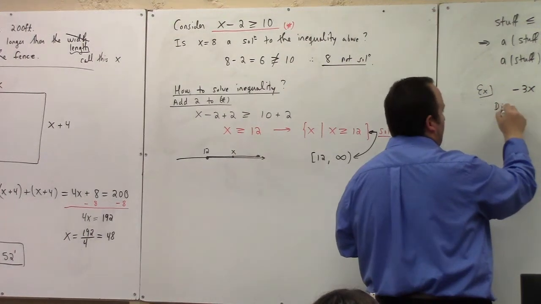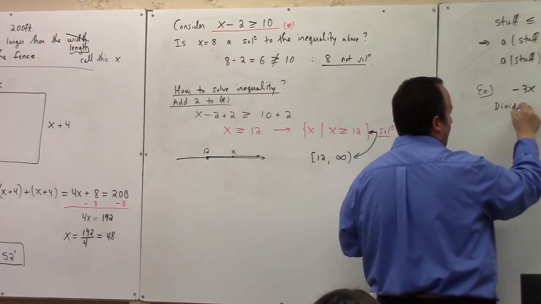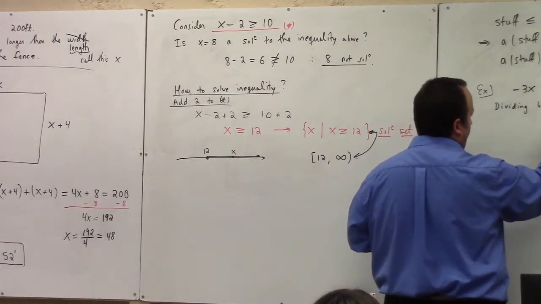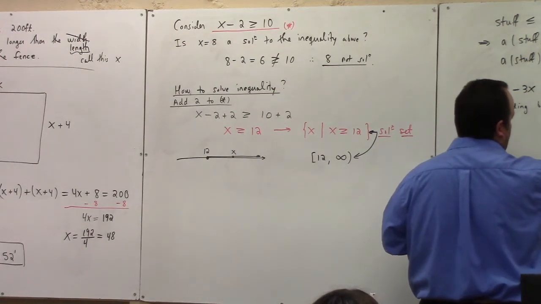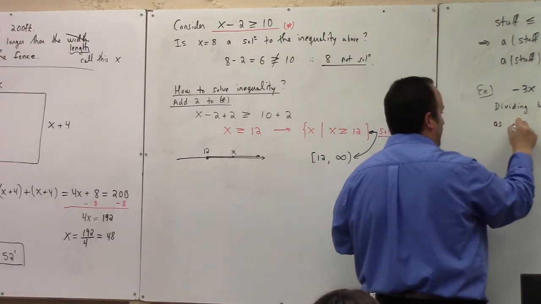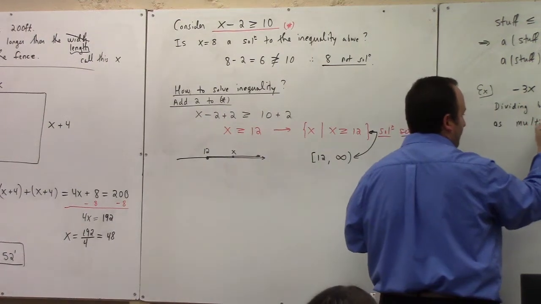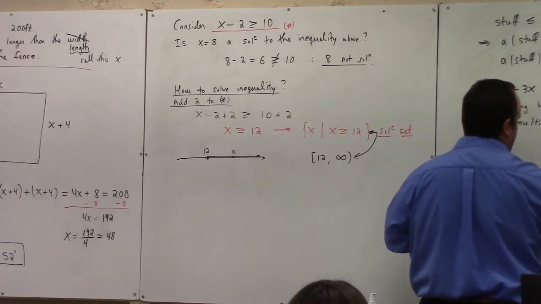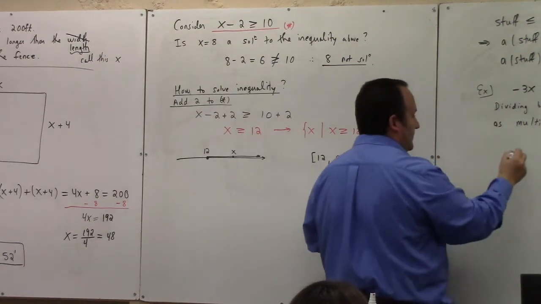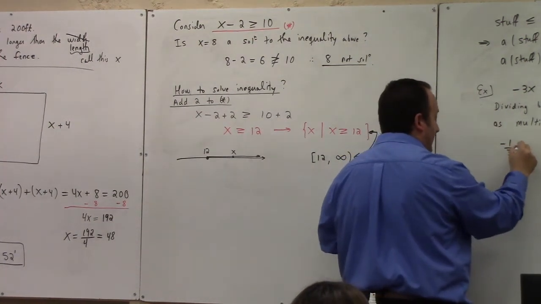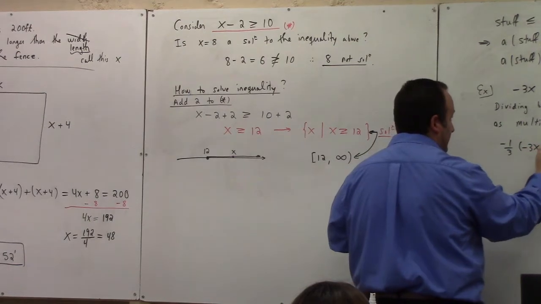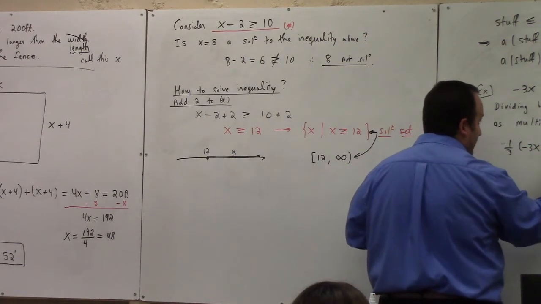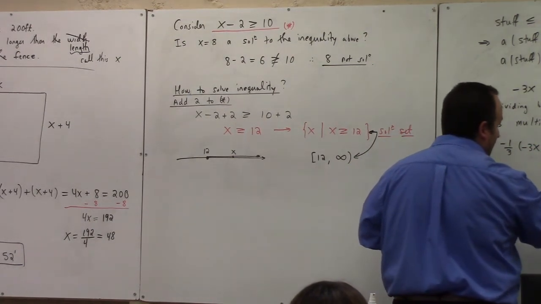So dividing by minus 3 is the same as multiplying by minus 1/3. So minus 1/3 times minus 3x is greater than or equal to minus 1/3 times 6.